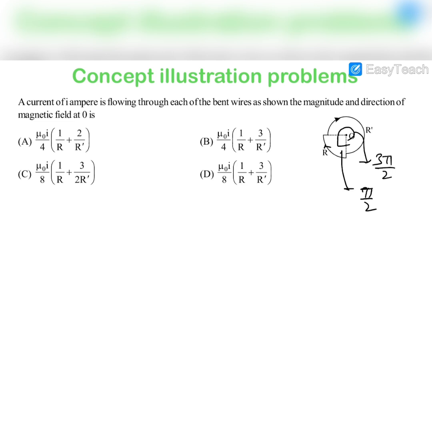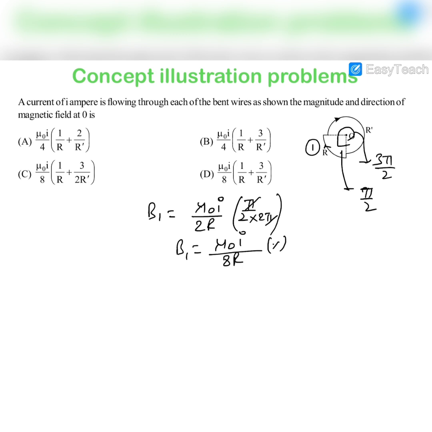So the magnetic field due to this arc will be mu naught I by 2r, and the angle is pi by 2 divided by 2 pi. So let's suppose that the magnetic field due to this one is B1. So B1 will be equal to mu naught I by 8r, and the direction is inside this plane.